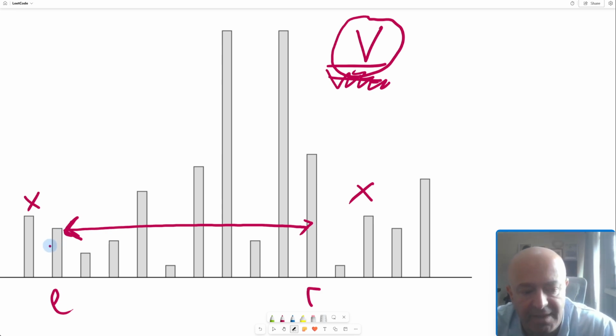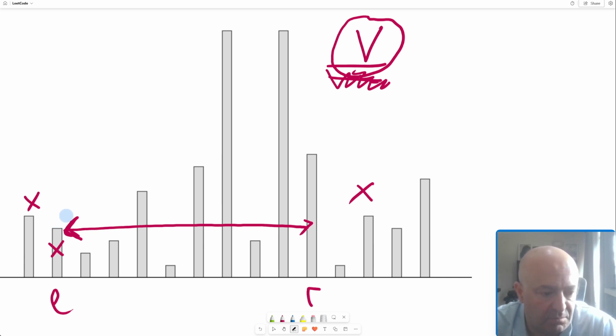Now, if I abandon the lower wall out of these two walls, we can easily prove that the lower wall is never going to be part of a better container.